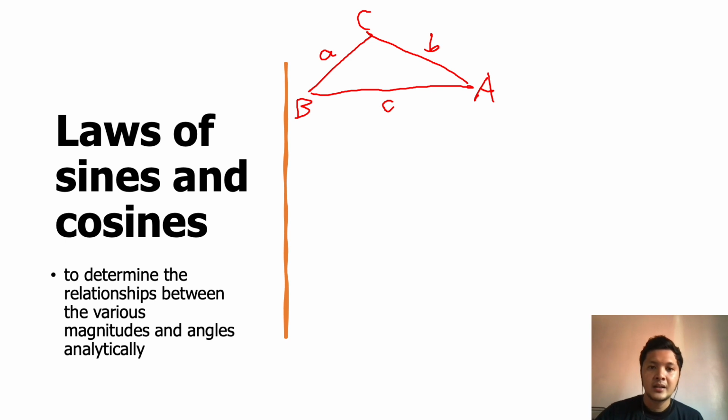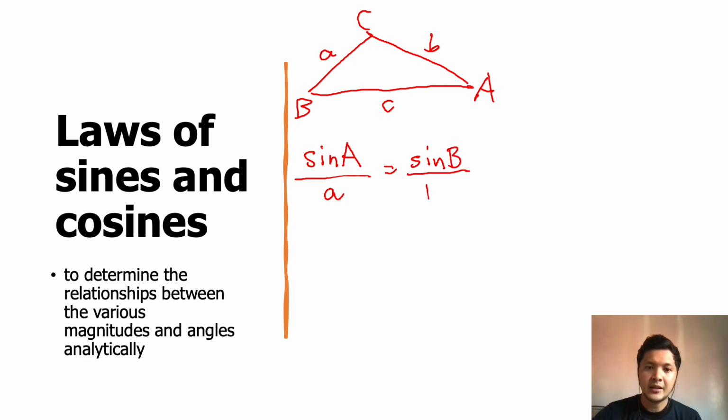Now, the relationship between side A and angle A, then side B and angle B, is given by the sine law, which is the sine of A divided by side A is equal to the sine of B divided by side B, and is also equal to the sine of angle C divided by side C. Or we can flip this if you need.